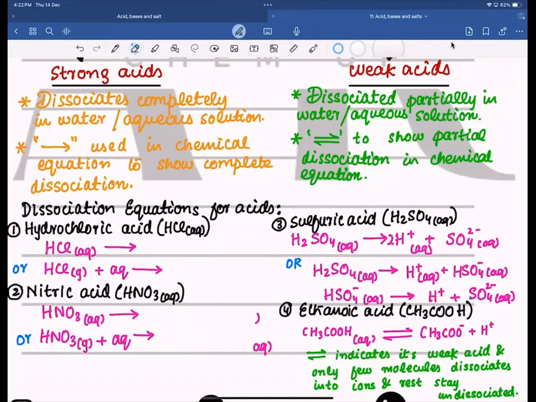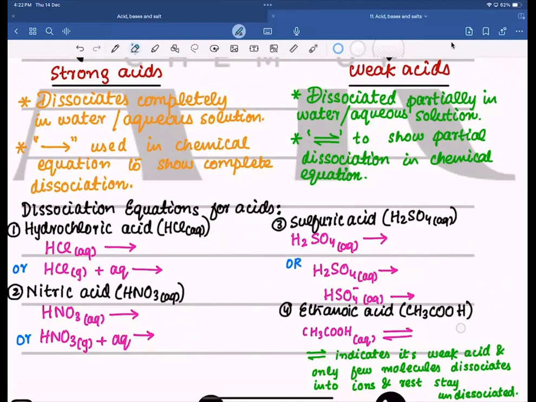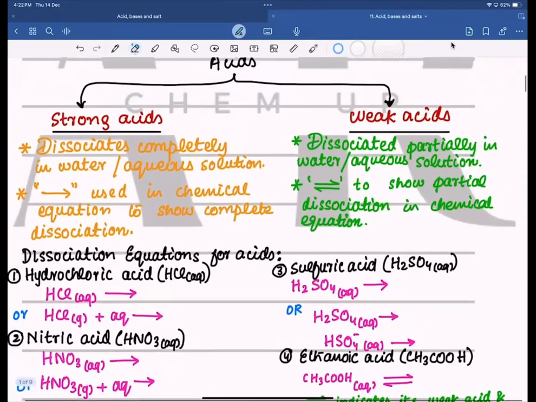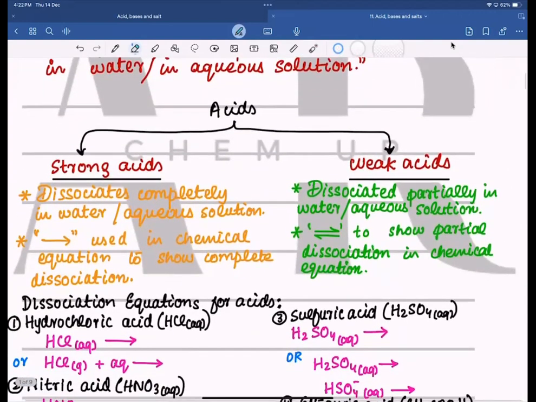Don't copy at first. Let me explain, then you can copy. So, when we talk about acids, acids are of two types.